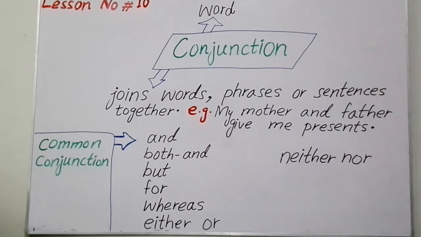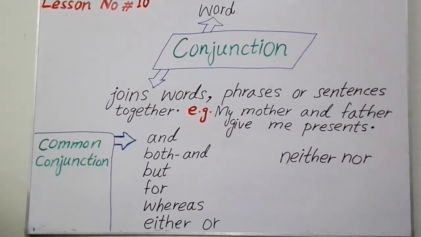Suppose I'm saying, both friends are going on a picnic. We also use but to join two sentences, like I said, I didn't go to office, but I completed some work of office at home.